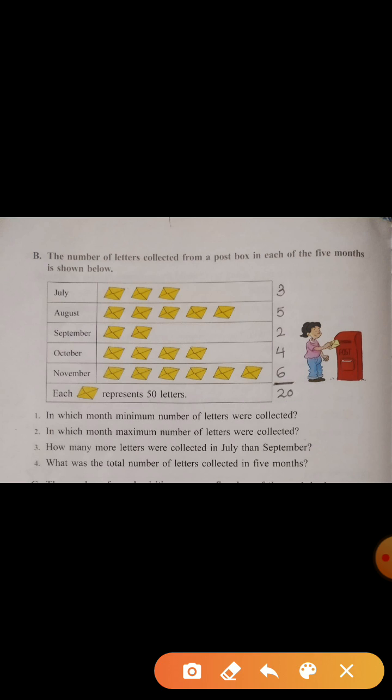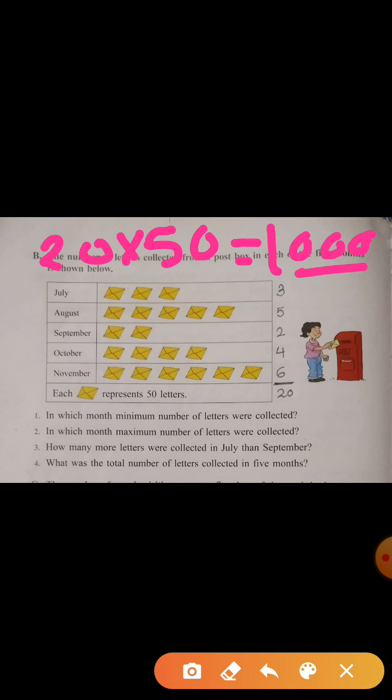There are total 20 symbols of letter, right? And each symbol represents 50. So if you multiply 20 by 50, you will get the product 1000, right? It means the total number of letters collected in 5 months was 1000.